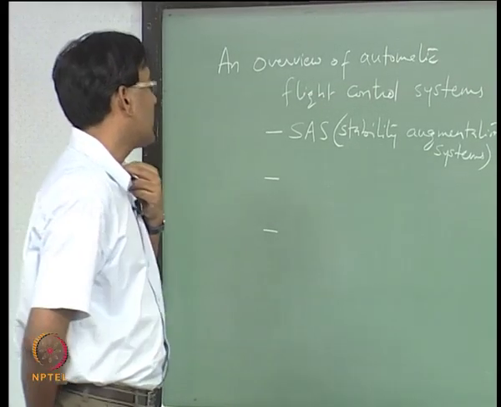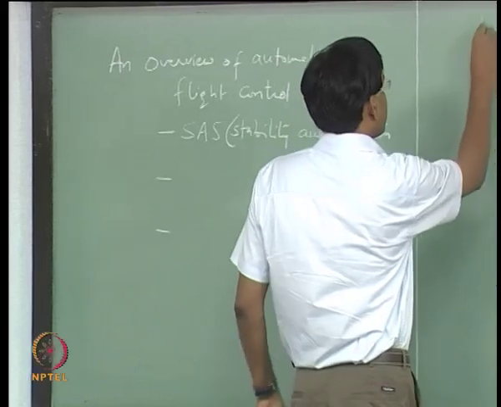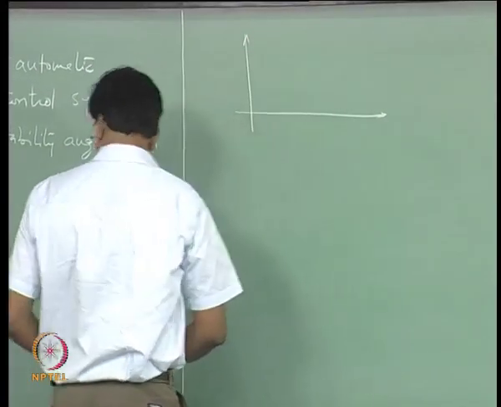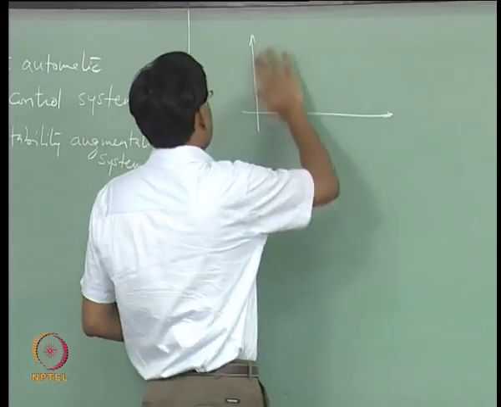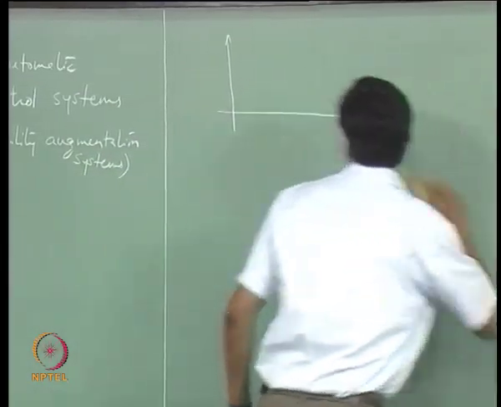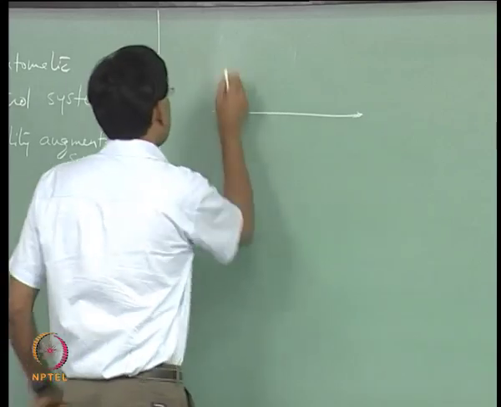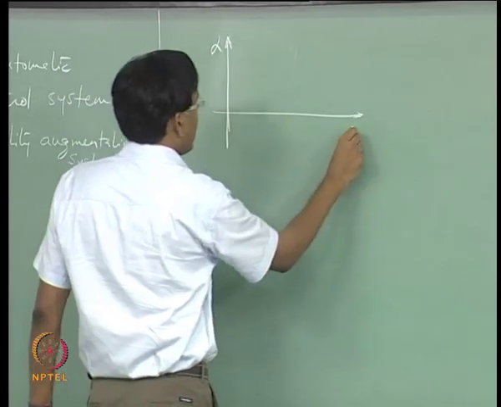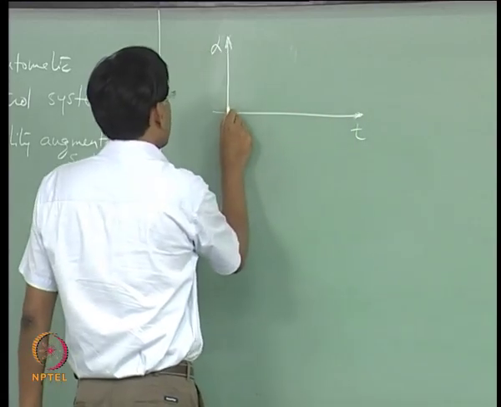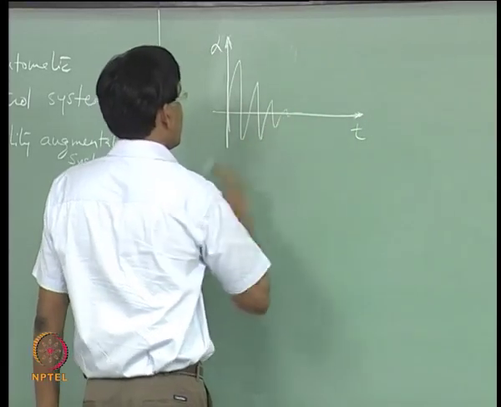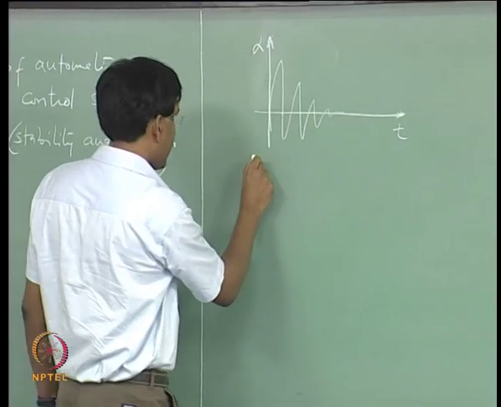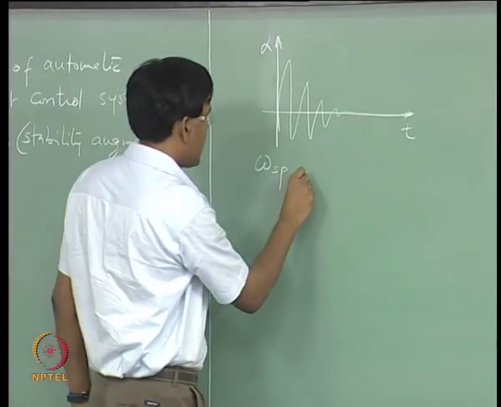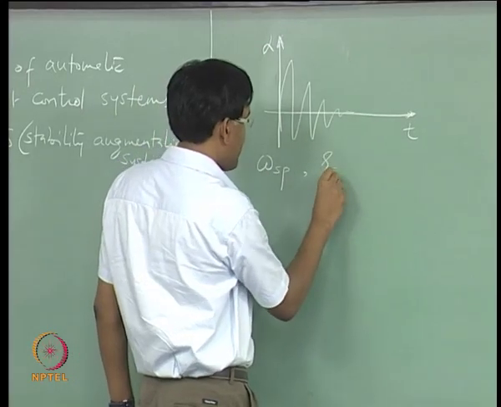For example, let us say your short period response in angle of attack looks something like this. Now, from here we can read the frequency of the response and the damping.